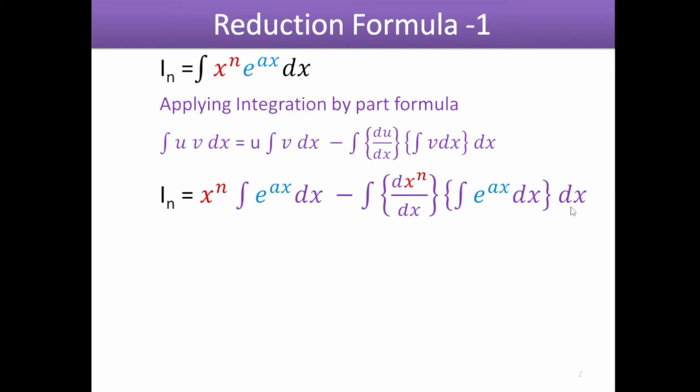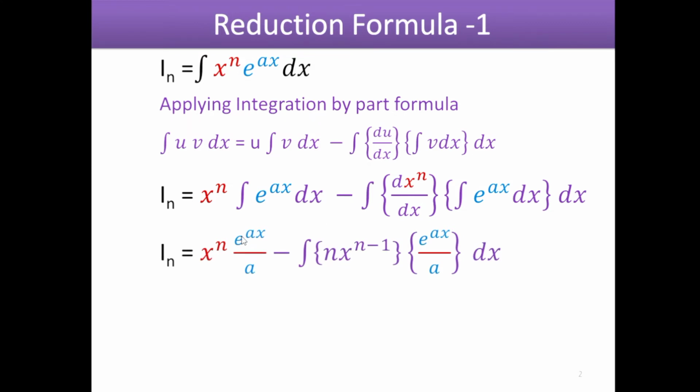Again, dx is for this integration sign. The first function is u, and the integration of the second function, we know, e to the power ax is e to the power ax divided by a, minus the integration of the derivative of x to the power n, which is n x to the power n minus 1, and the integration of e to the power ax is e to the power ax by a, and the dx is dx.